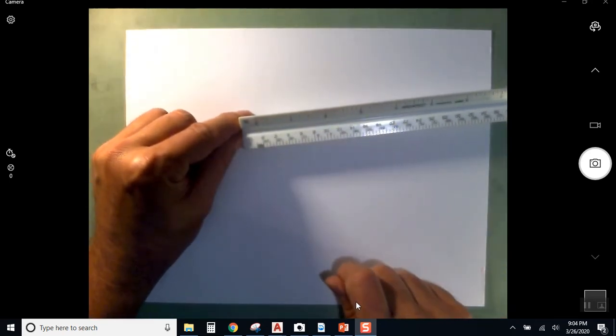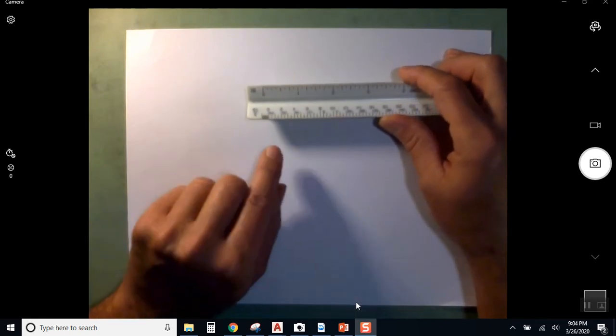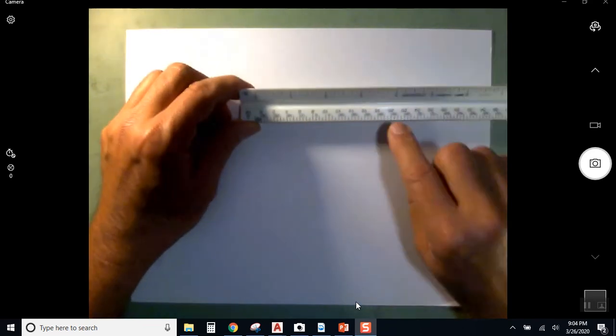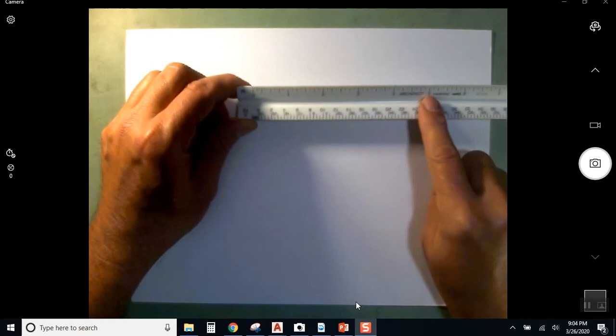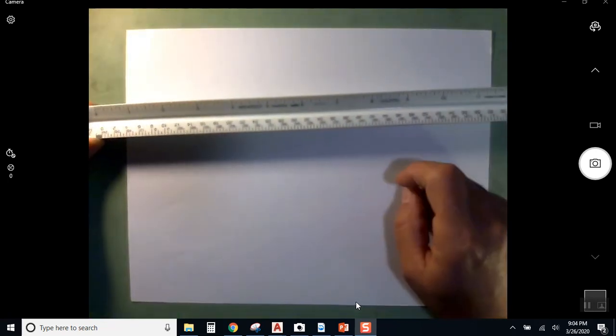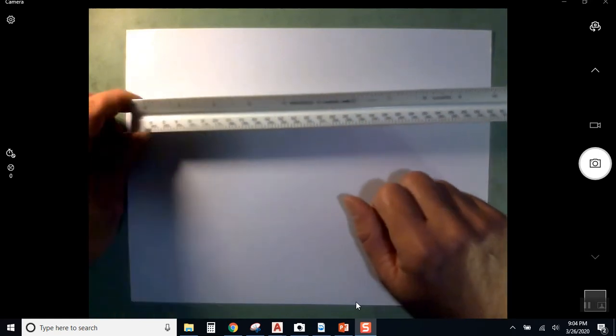Okay. Now, what gets tricky for some people is not measuring to the nearest inch. It's very easy to measure the nearest inch. They're all called out, right? They're easy to see where 5 inches is, where 2 inches are, where 10 inches is. See? When the number is stamped on there, very easy to find it.